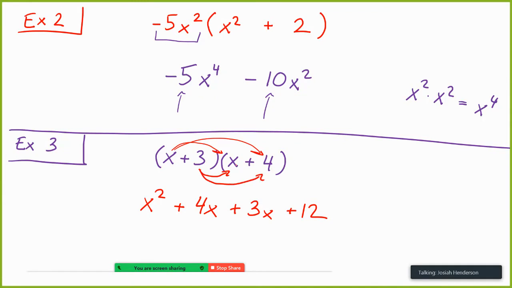Does that help, Braden? Yeah, one more. Actually, how did we get the plus 12? How did we do that? Because we have the constant 3 and then the constant 4. Those got multiplied together at the very last multiplication. Oh, okay. Thank you. Absolutely.